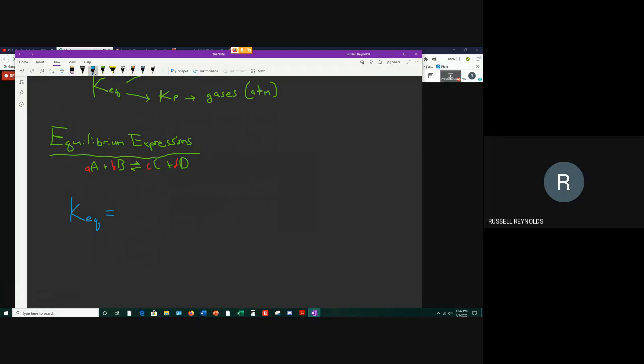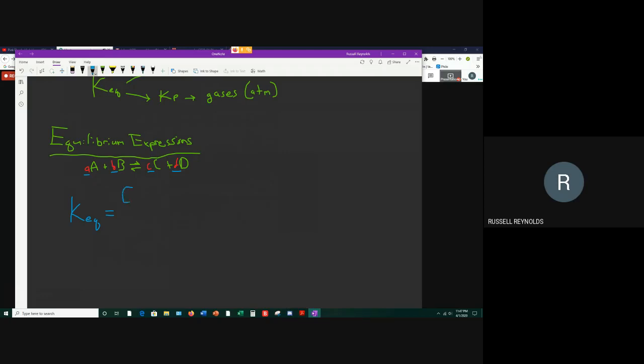I'll say that one more time. The equilibrium constant is equal to the ratio of the products multiplied together divided by the reactants multiplied together. We're going to use these coefficients as our exponents, and I'll show that in a second.